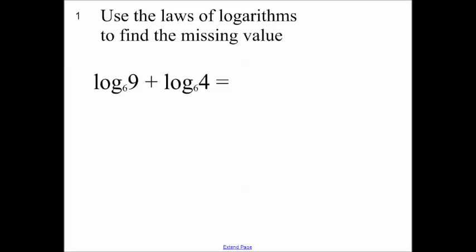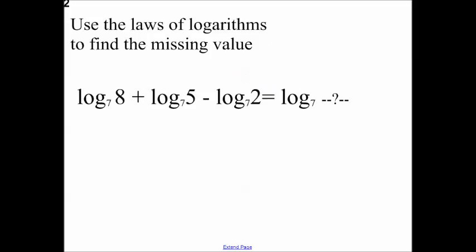All right, same sort of question here. You see the plus sign, so you should think multiplication. So log base 6 of 36. All right, same thing here. Got another extra step. We have a plus and a minus, so that means let's read it like we would a book.